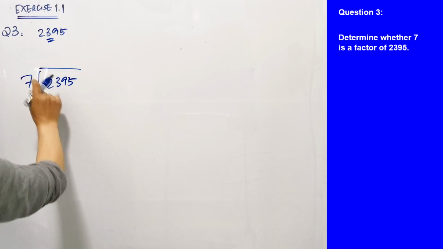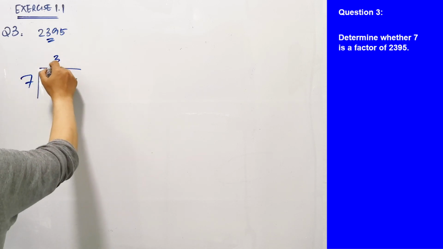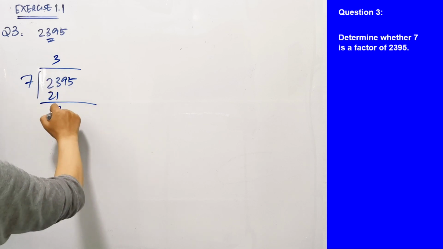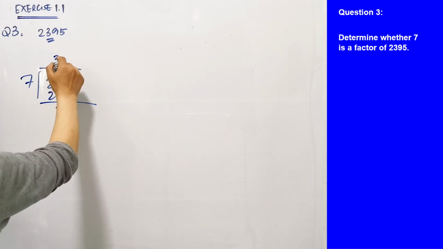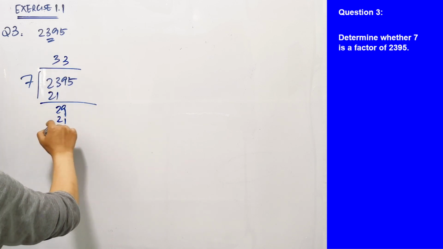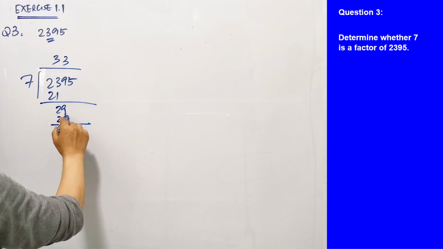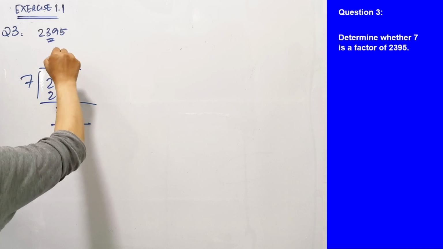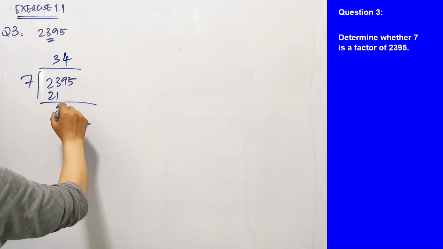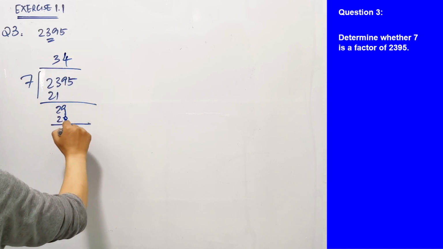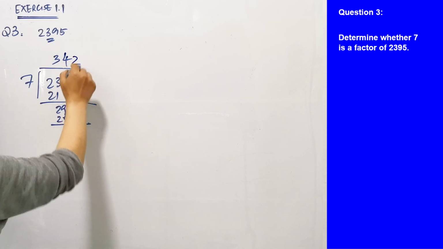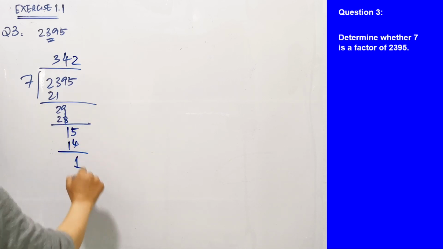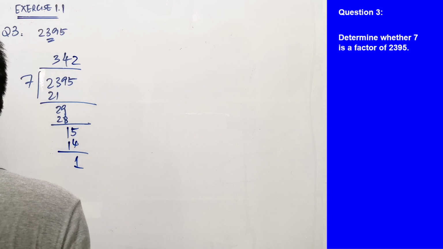First we get 3, then 2, 9. Again we do 3, so 21. Then we use 4, and we become 28. Then 15, here we get 2, and 14, we get 1.